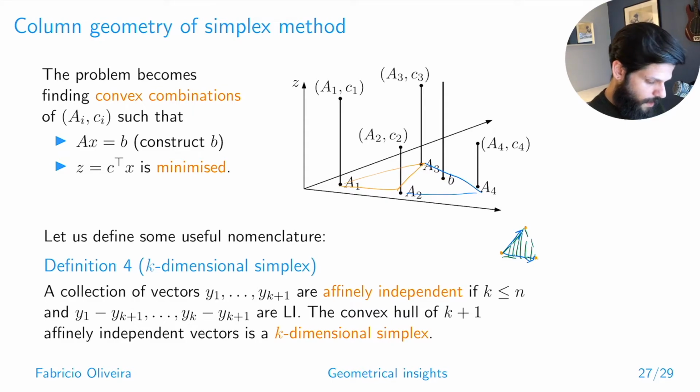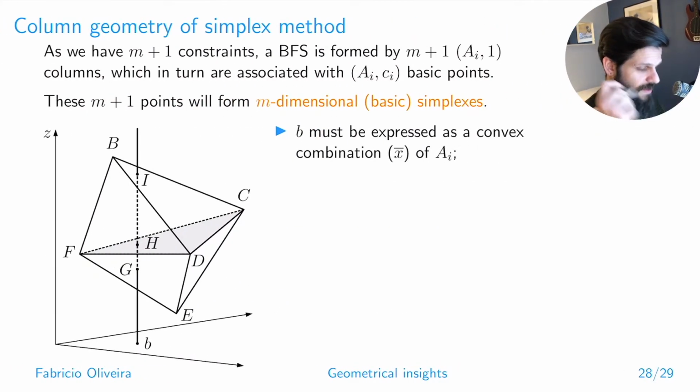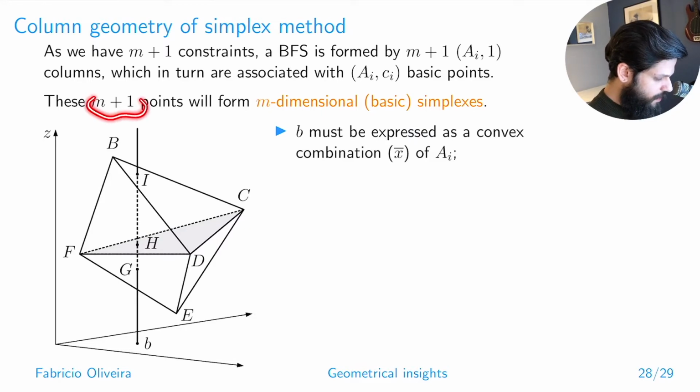All right. So if we look at this in a more general setting, like I was saying, these m plus 1 points are forming m-dimensional simplexes, or basic simplexes. And because we want to express B as a convex combination of those, what we're basically doing is searching among the simplexes that can express B for the one that has the minimum value for the objective function.